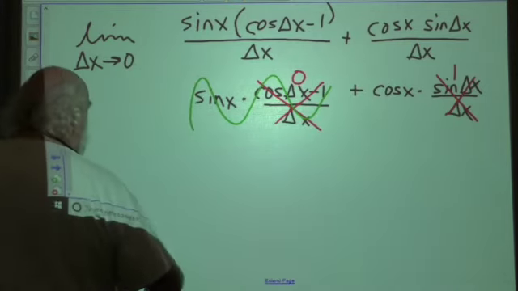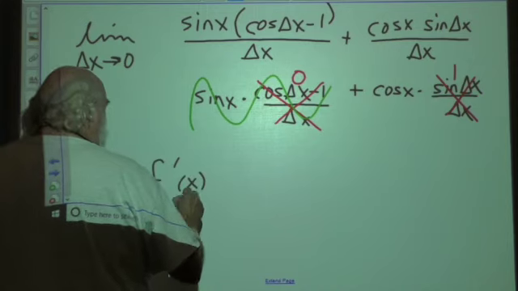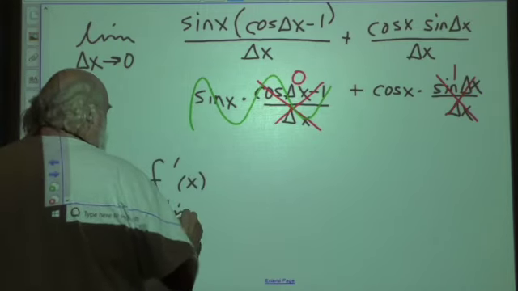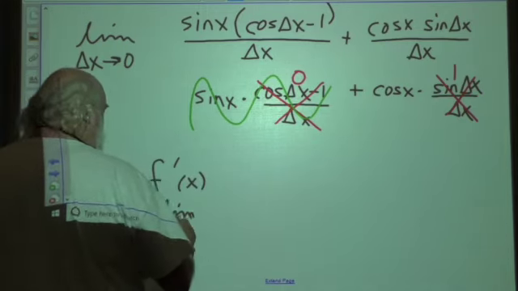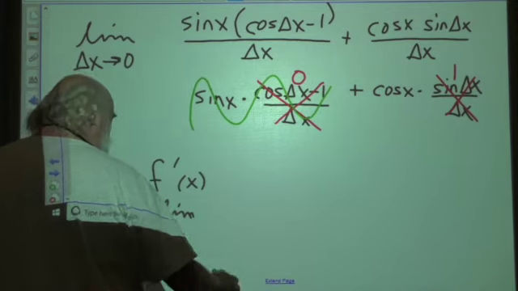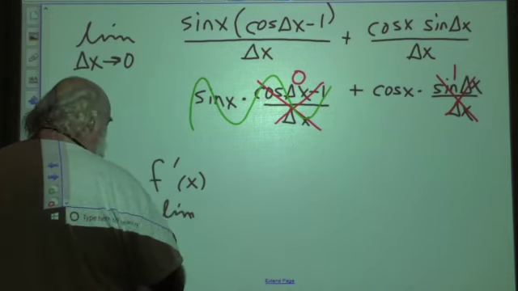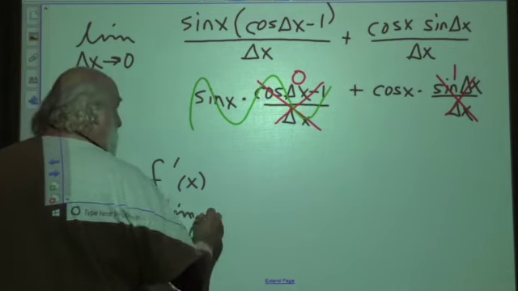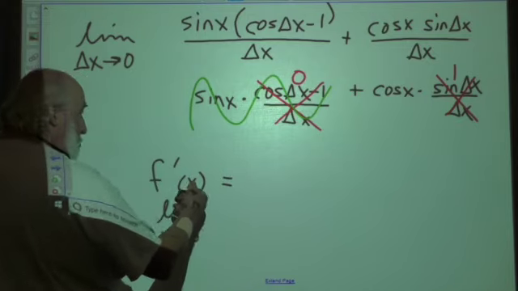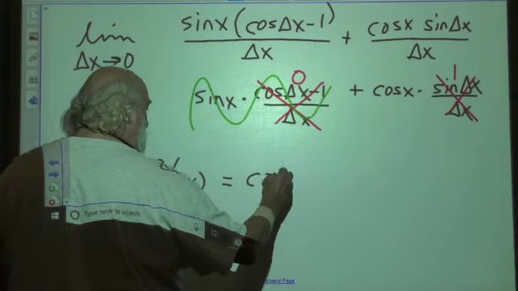So that means the limit as delta x approaches 0 of the function, the derivative of that function we're dealing with here, becomes just cosine x.